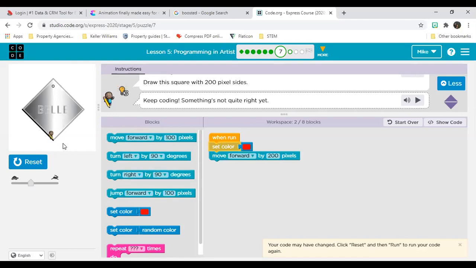So he is turning. You can tell me he is going to turn left or right. Which way is our artist going to turn? Left or right? You can quickly type it for me in the chat box. I want to see if you guys understand our turning. Is he going to turn left or right by 90 degrees?